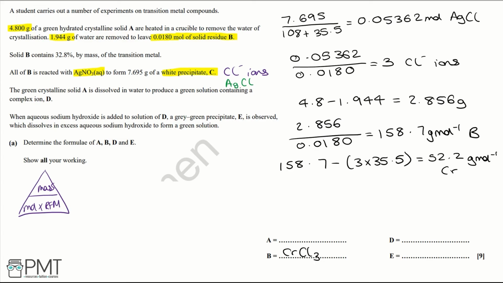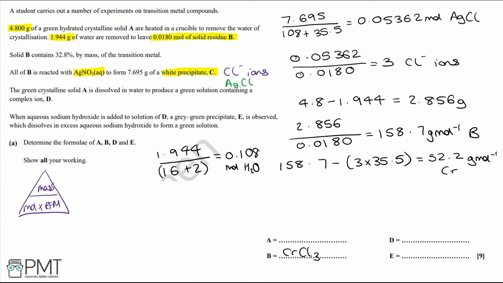Next, we're going to work out the moles of water. And by working out the moles of water, we can then find the formula for solid A. So using the equation triangle, we're going to do 1.944 divided by 16 plus 2. So that's the relative formula mass of water. And that equals 0.108 moles of water.